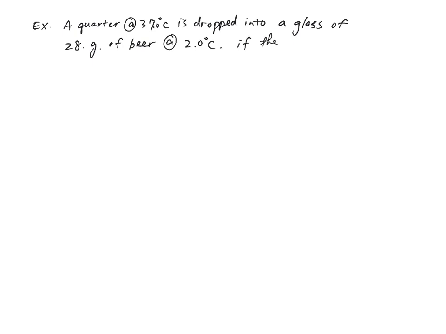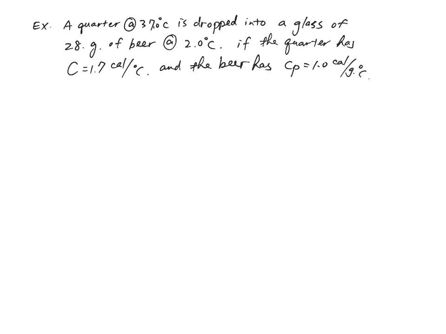If the quarter has heat capacity C that's 1.7 calorie per degree Celsius, and the beer has heat capacity of 1.0 calorie per gram per degree Celsius, what is the final temperature in the glass?